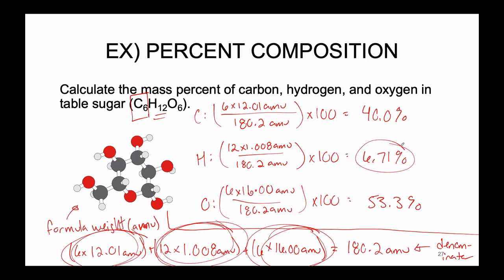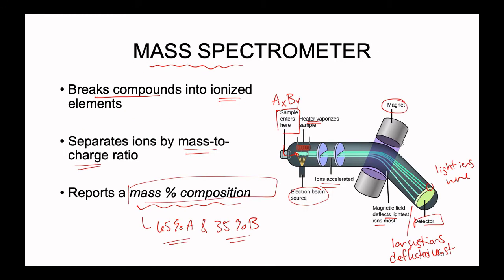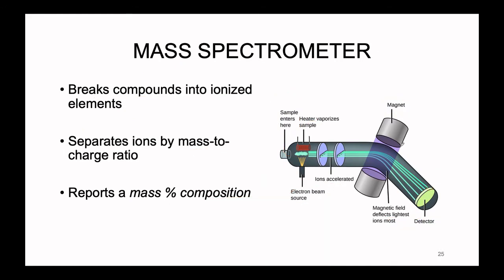And if we were to take table sugar, just to go back here, and insert it here, C6H12O6, run it through our mass spectrometer, our detector on the other end would print off a graph, we'd read the graph, and what it's telling us is that we have 40% carbon, 6.7% hydrogen, and 53% oxygen, if I'm just cutting off the decimals here.